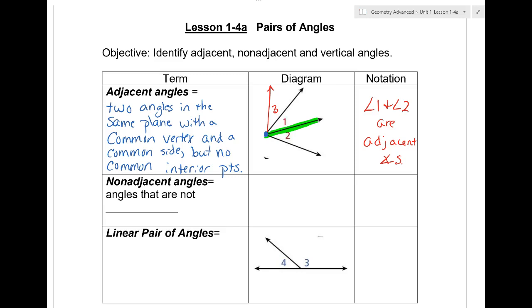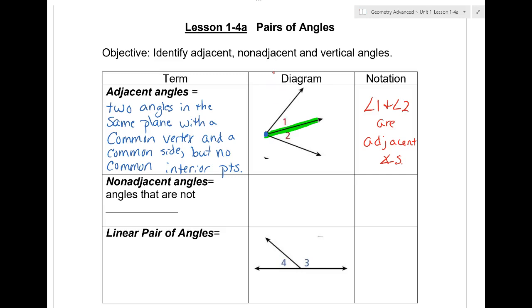Why not? They're not next to each other. They have a common vertex, but not a common side. Does that make sense? Now, how about angle 3 and angle 1? Are they adjacent? Yeah, they're adjacent because they share that common side. Make sense? Perfect. That's what I want to see on here.